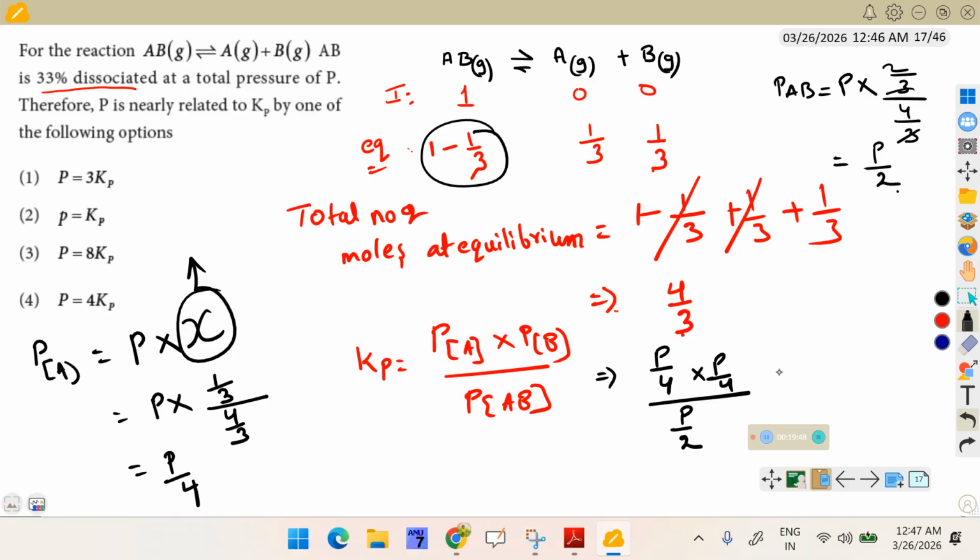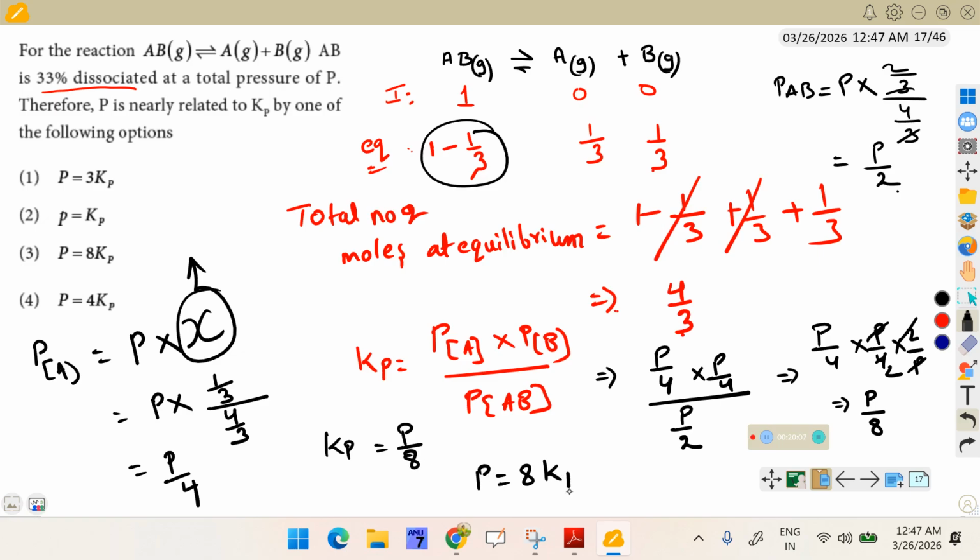Now simplify: P by 4 into P by 4 into 2 by P. 2 times P cancel, then P by 8. Kp is equal to P by 8. Then P is equal to 8 Kp.